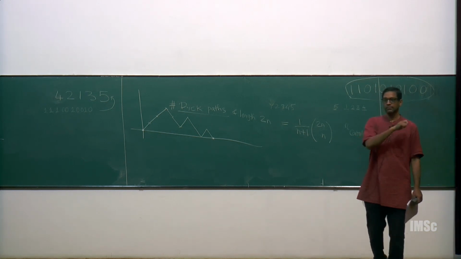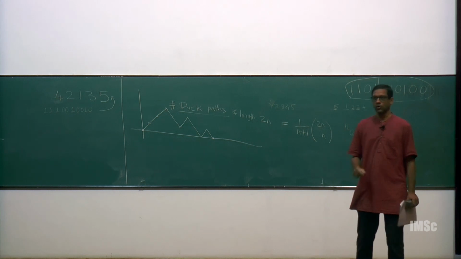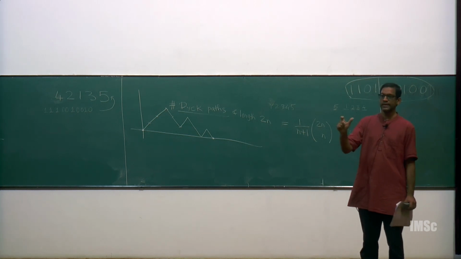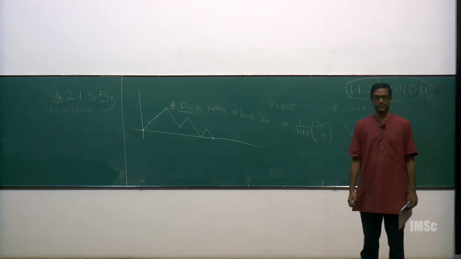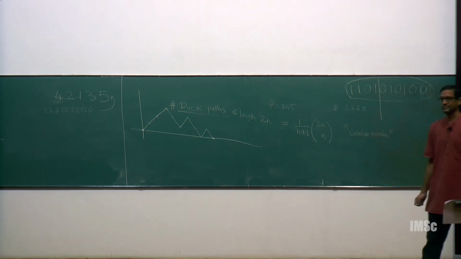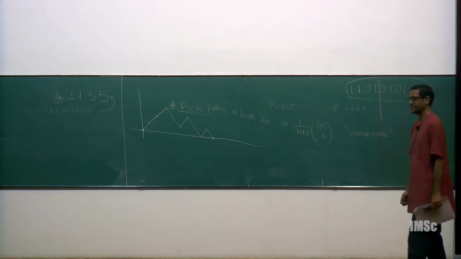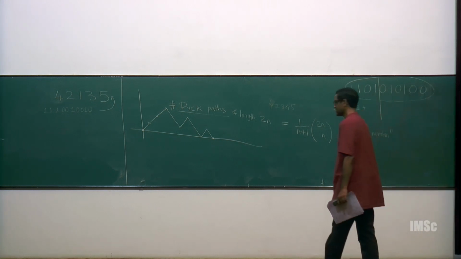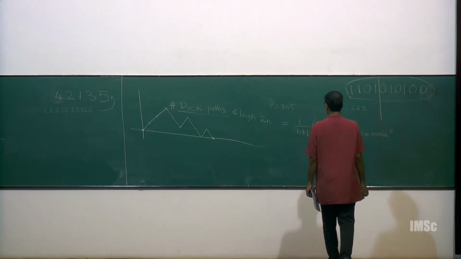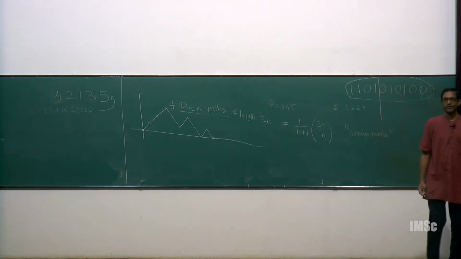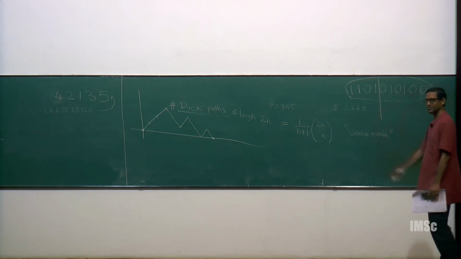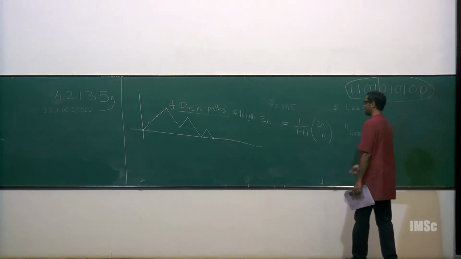If I take the numbers 1, 2, 3, 4, 5, how many of the 120 possible permutations are stack sortable? Question is clear? How many out of the 120 permutations of 1, 2, 3, 4, 5 can be sorted using a stack? Okay, so let's plug in n equal to 5 into this formula.